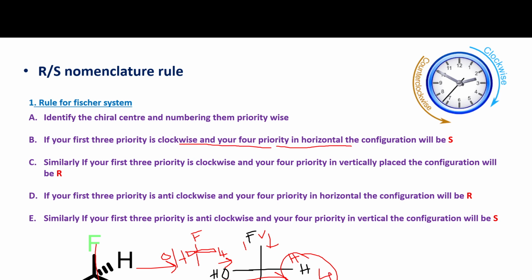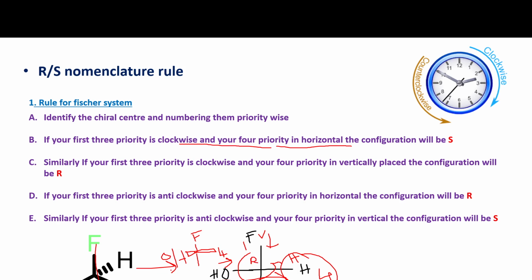Now you rotate this molecule 1, 2, 3. It rotates in this direction, counterclockwise or anti-clockwise, and with the fourth priority on the horizontal, this should be R configuration.